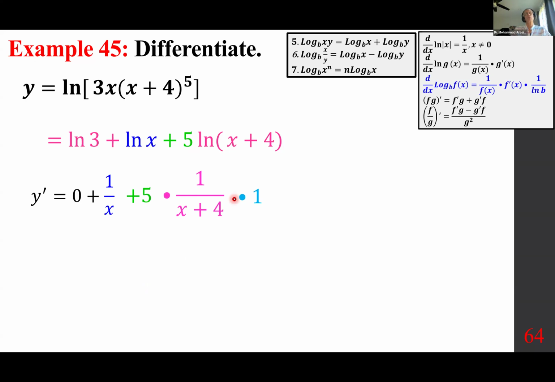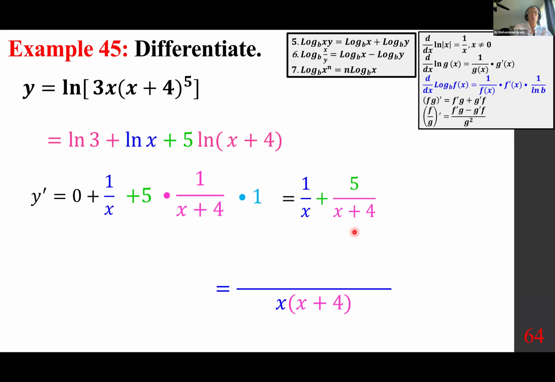We are going to put them together by adding the two fractions. First and foremost, the LCD, the least common denominator, is x times (x plus 4). So we have 1 over x plus 5 over (x plus 4), and we are going to write the LCD first. 1 times (x plus 4), 5 times x.